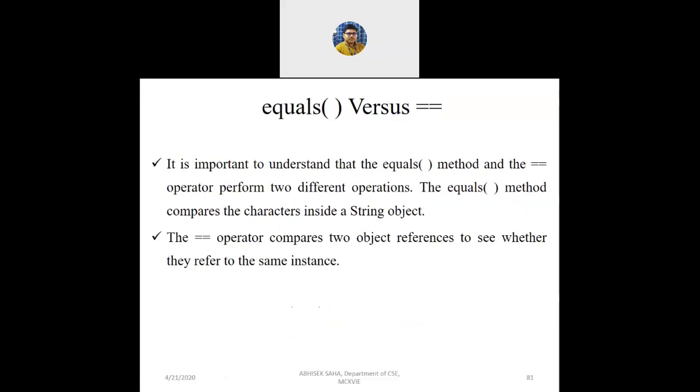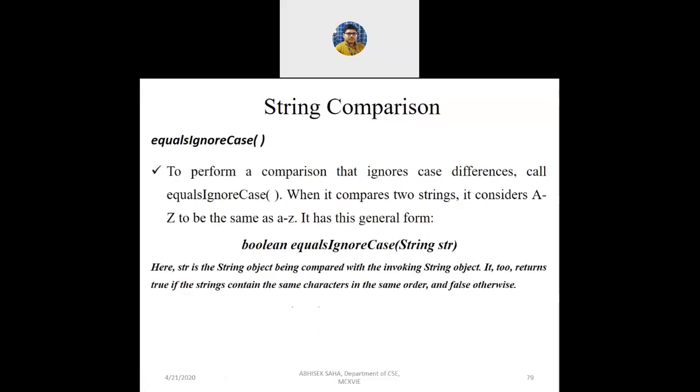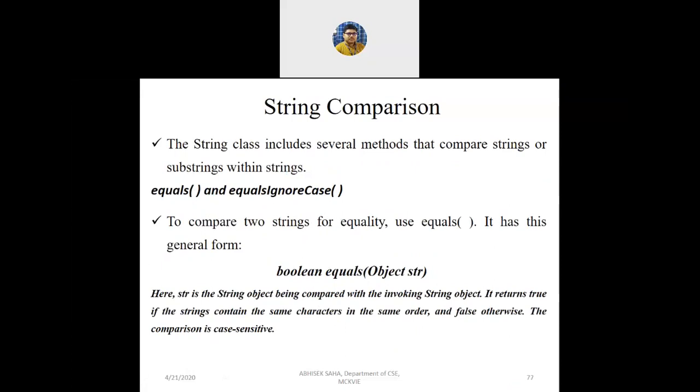Next, just before 2-3 slides, we learned about the equals method. What does it return? It returns true or false if two strings are equal, meaning the set of characters and their order are the same in both cases.